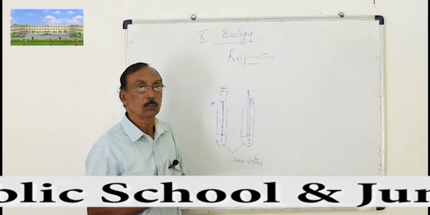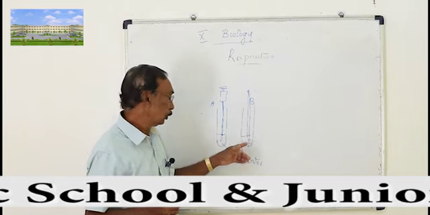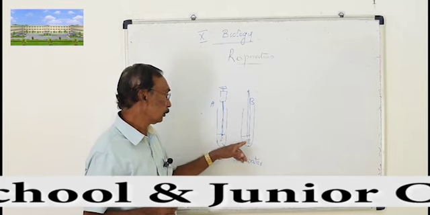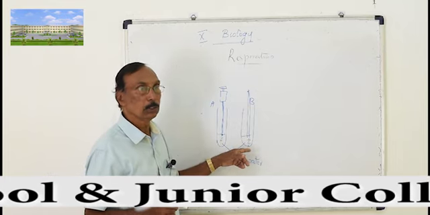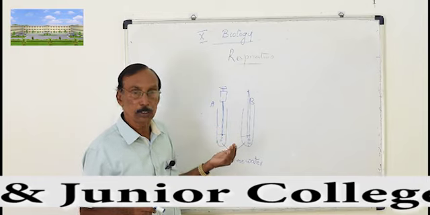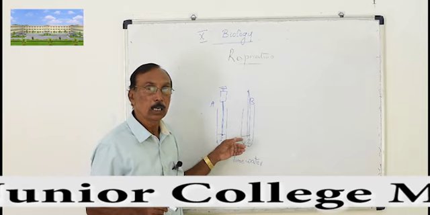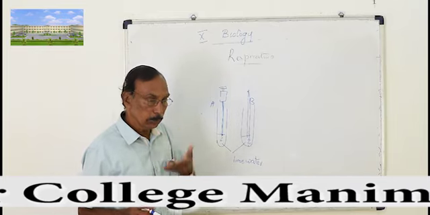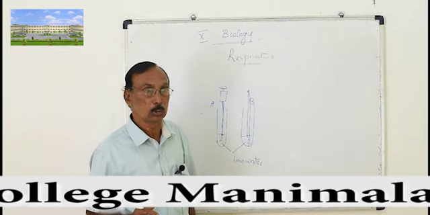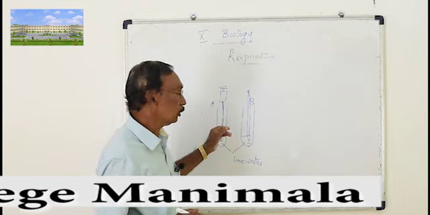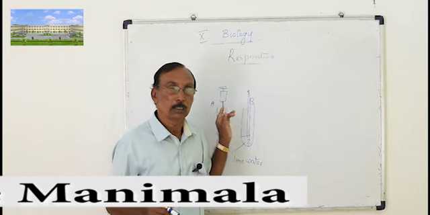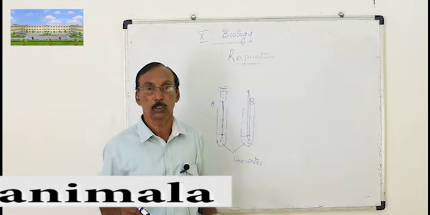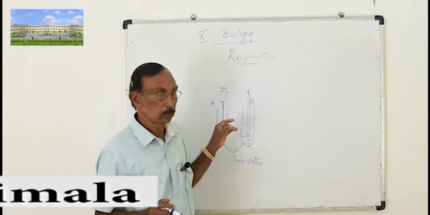After some time, what do we see? You can see the lime water in the second test tube, B, becomes milky. What is the conclusion? Carbon dioxide is produced during respiration. When you breathe out, carbon dioxide is produced. So this activity shows that carbon dioxide is released during respiration.